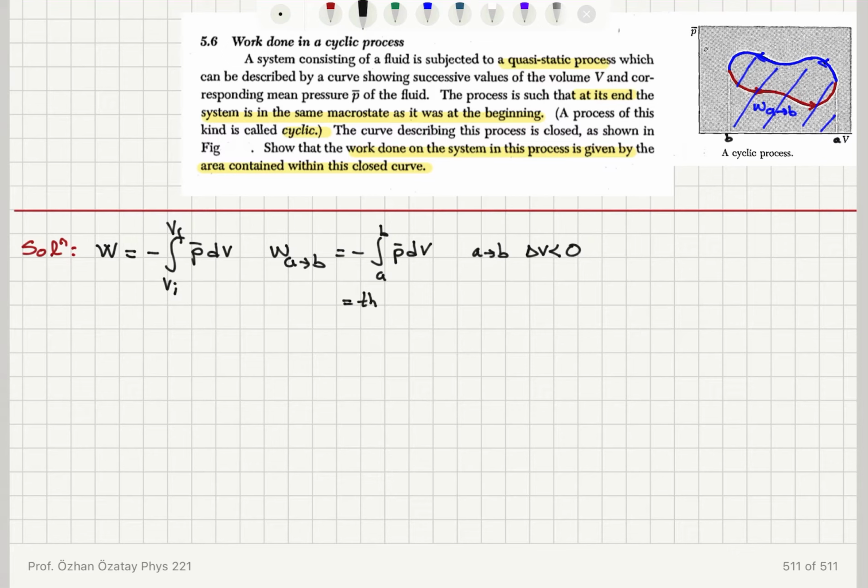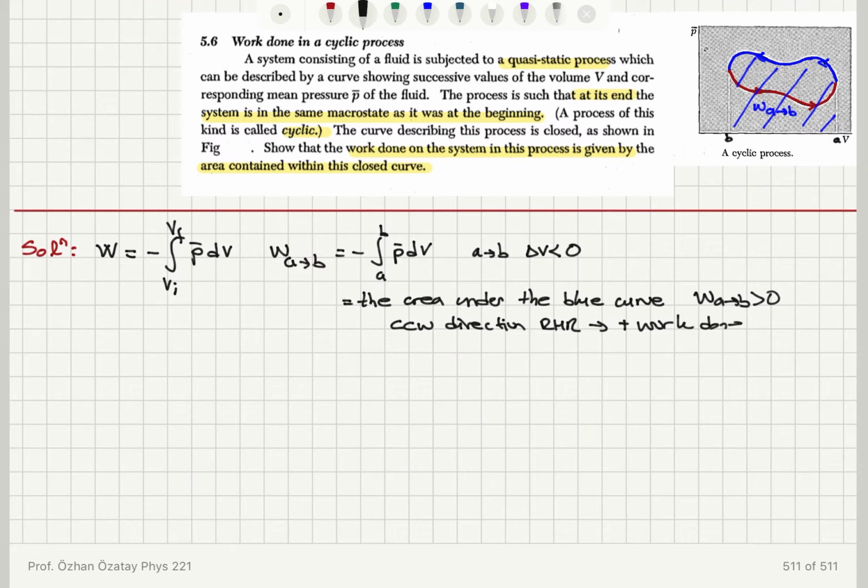This is the area under the blue curve, and it's positive. The work done A to B is positive, and it's also the counterclockwise direction. The right hand rule gives us a positive value, positive work done on the system.